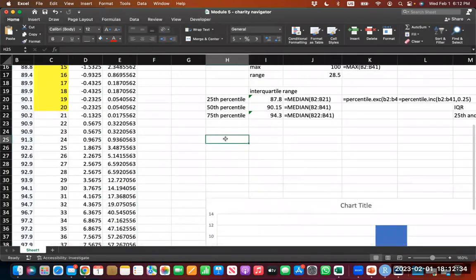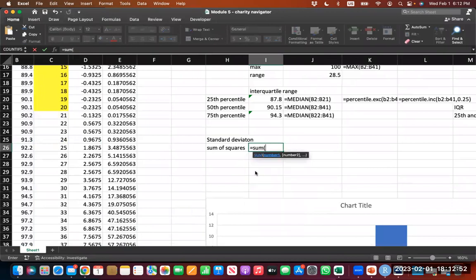If you want to sum this up now, so now we want the standard deviation. We first want to have now the so-called sum of squares. So the sum of squared deviations is now the sum of E2 to E41.